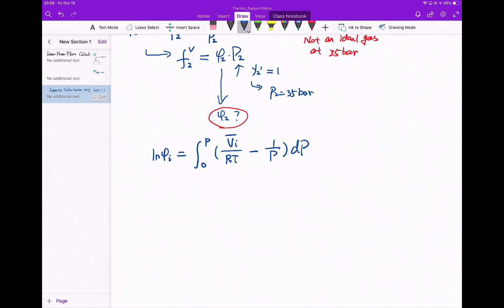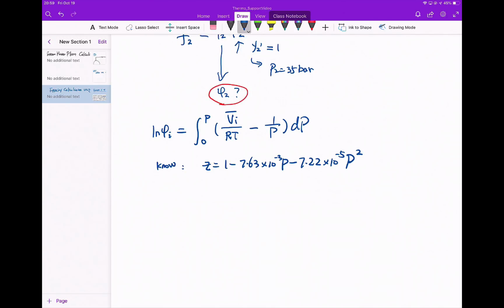But how are we going to use this z? We know z is a function of pressure, minus 7.22 times 10 to the minus something p squared. So we don't know what to do about this term. If that is the case, let's take a look at the definition of z.